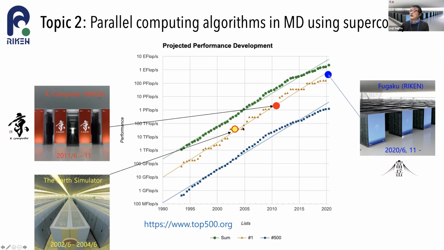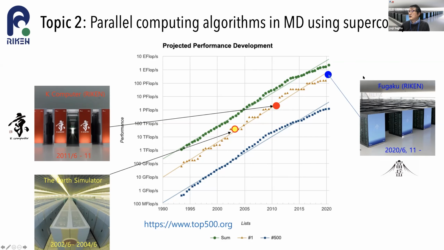Supercomputers. But anyway, as far as I know, from 2000 until now, a Japanese supercomputer has become the top three times. The first one is the Earth Simulator in 2002 and 2004. The second time is the K computer at RIKEN in 2011, just for a very short time.